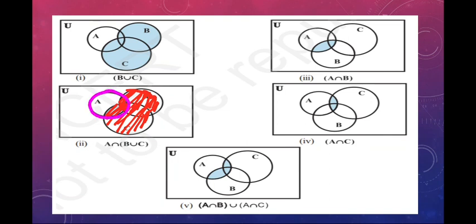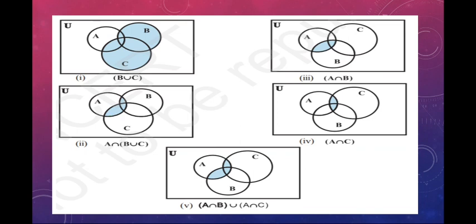So the common part between A and (B union C) is this part. This is the part of A as well as B union C. So that's why you will write A intersection (B union C) will be the blue part.